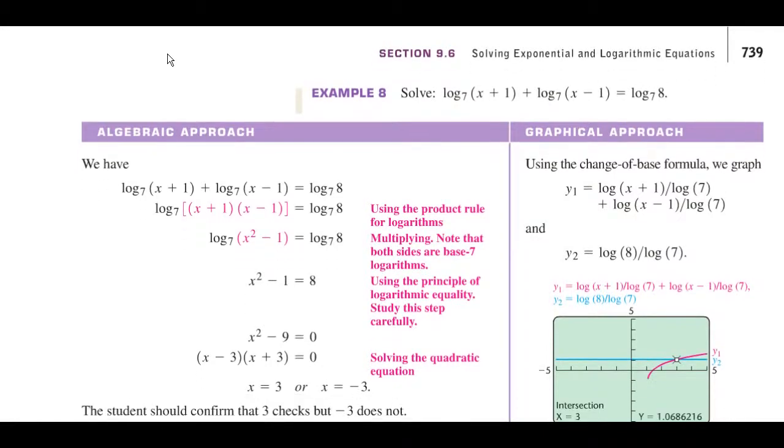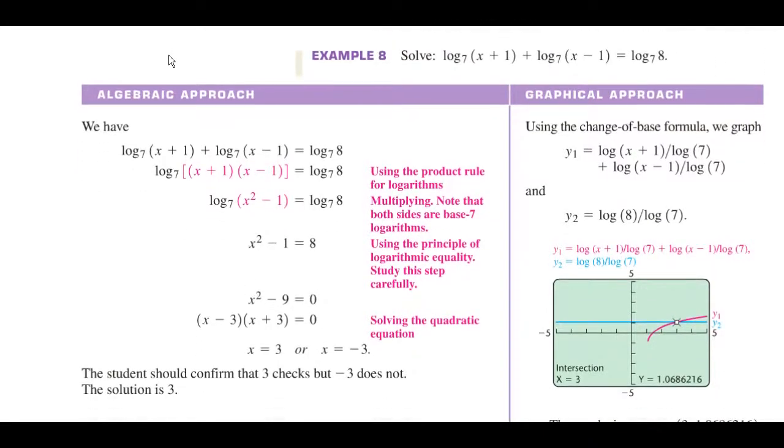Okay, this one's a little bit different, but let's watch it item by item. So it's the log of this plus the log of that. Now, when you have plus, we're going to be multiplying this.